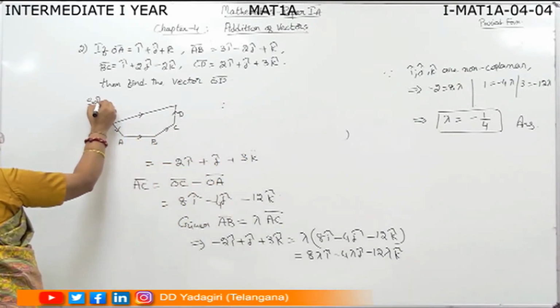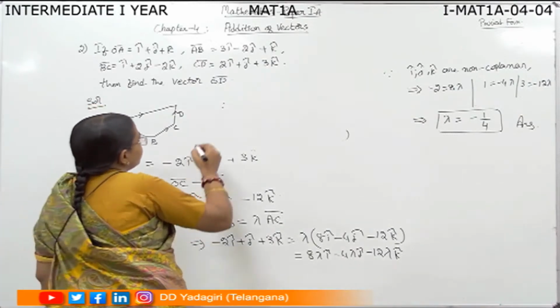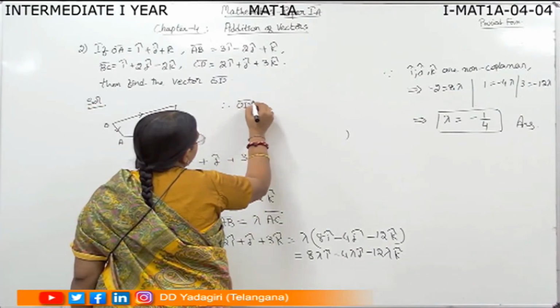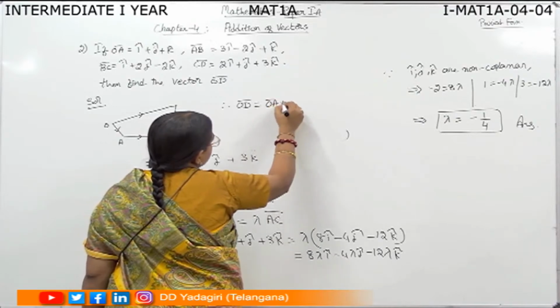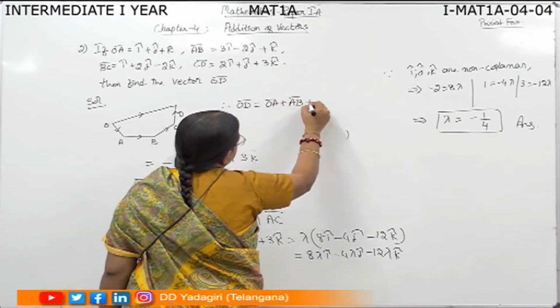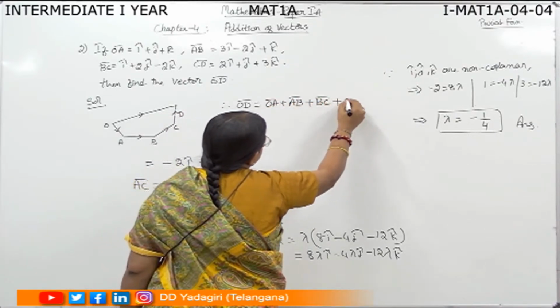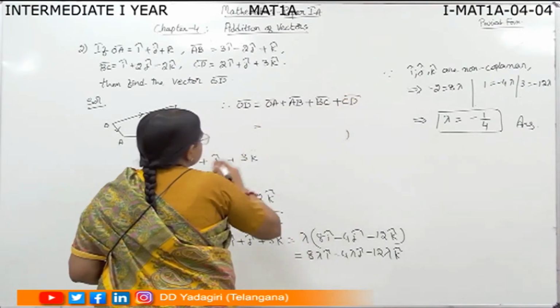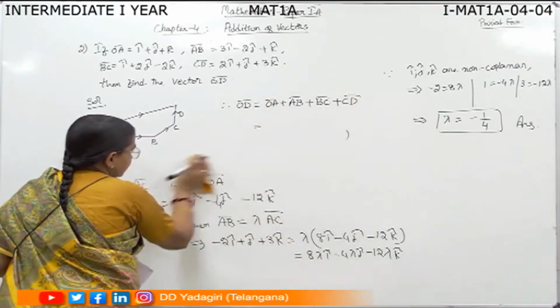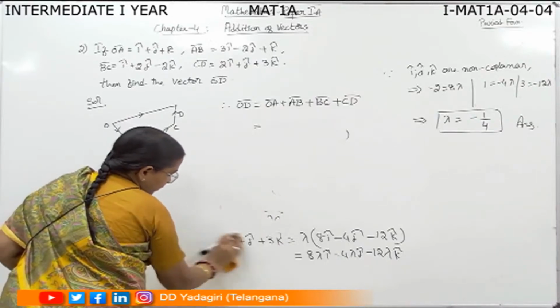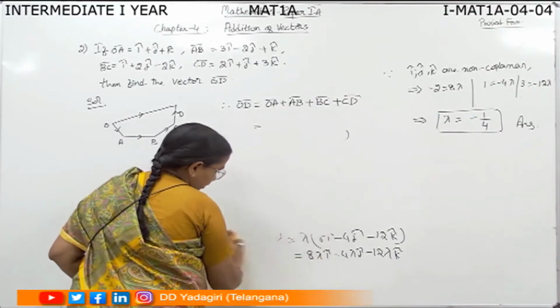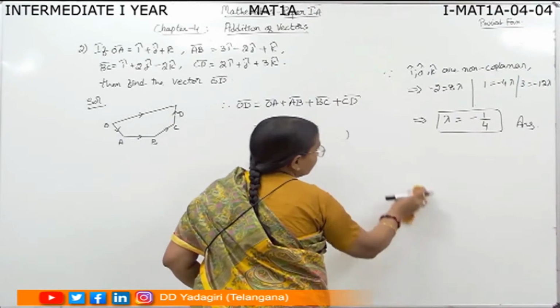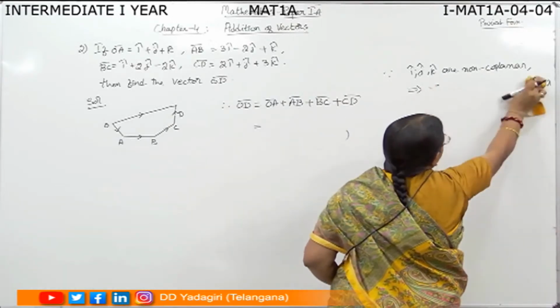Therefore OD is equal to OA plus AB plus BC plus CD. I can just add all the vectors and write the answer. It is very important for 2 marks. Even this problem is very important for 2 marks.